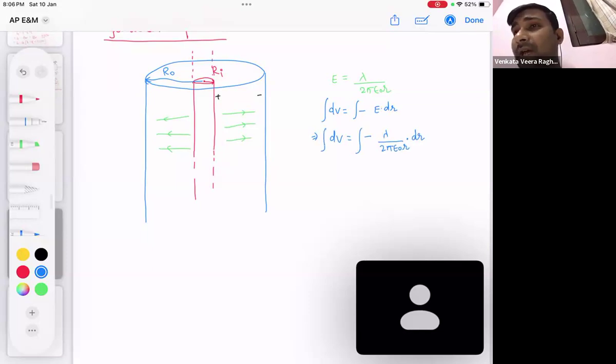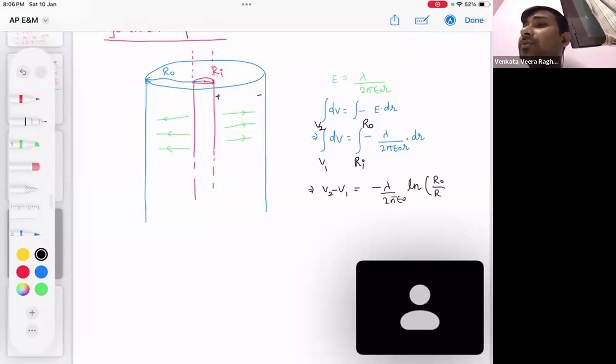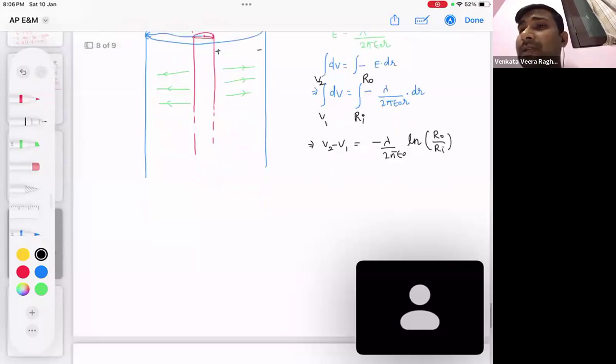Now, when r is equal to r inside, the potential is something V1, okay? And when r is outside, the potential is something V2. So this V2 minus V1, if you calculate it, comes to minus lambda by 2 pi epsilon naught, and dr by r integration will be ln r. If we put the limit, r outer by r inner will come.